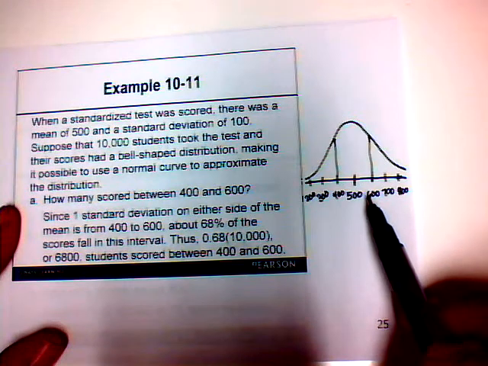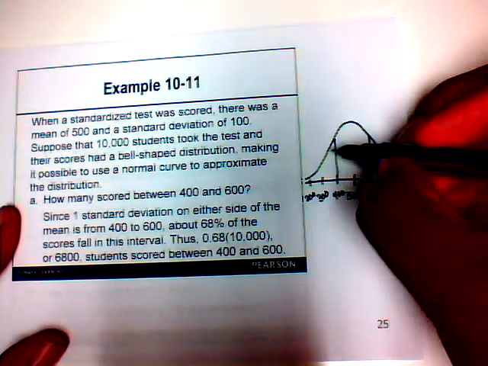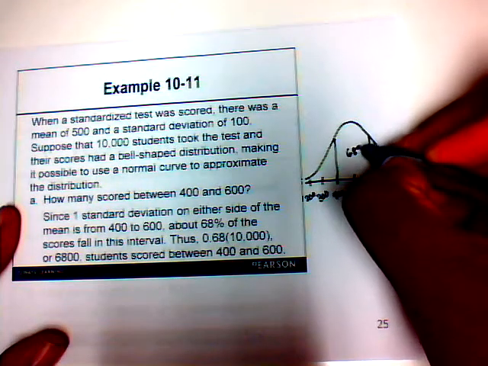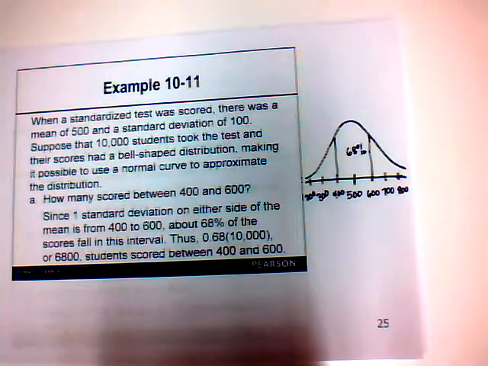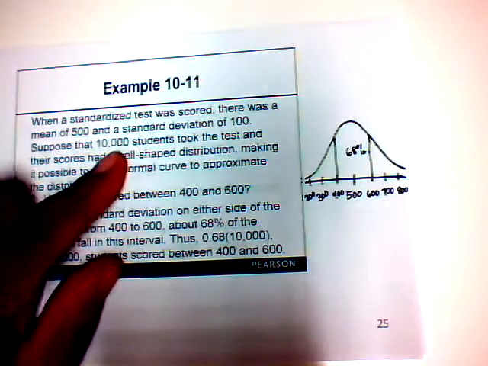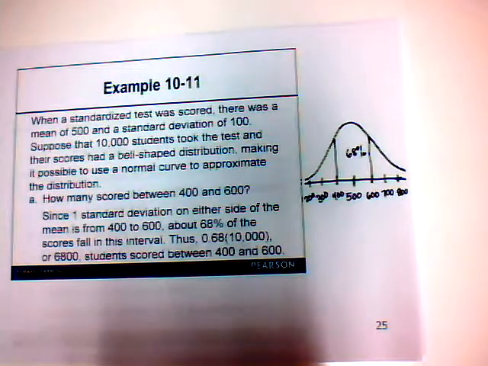Those numbers are within one standard deviation of the mean, and according to the empirical rule, 68% of those data values lie within one standard deviation of the mean. So we'll take 68% of 10,000, or 0.68 times 10,000. Multiply that out, you'll get 6,800. So that means that 6,800 students scored between 400 and 600.